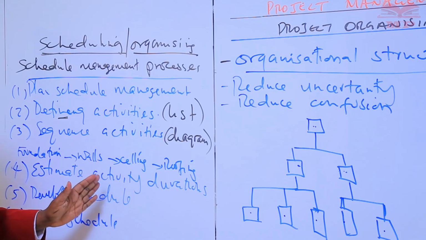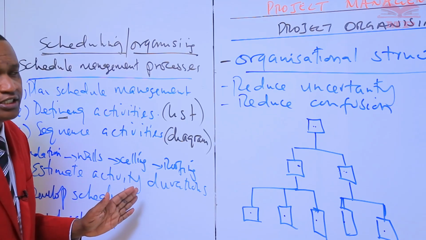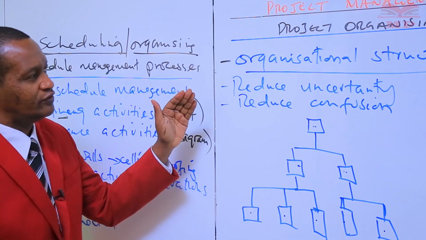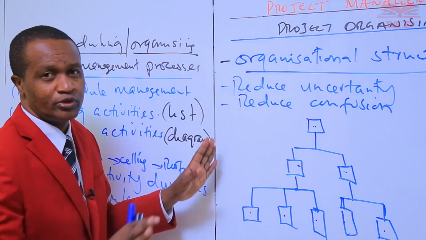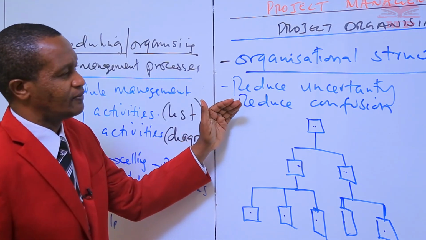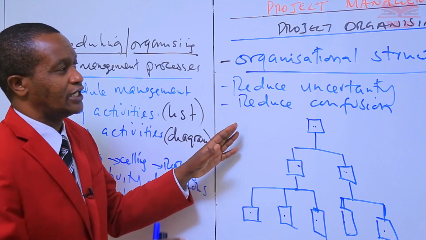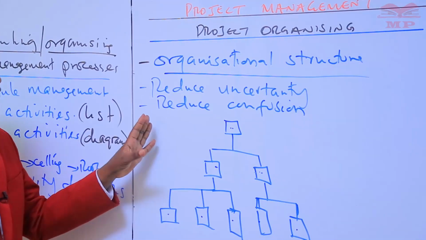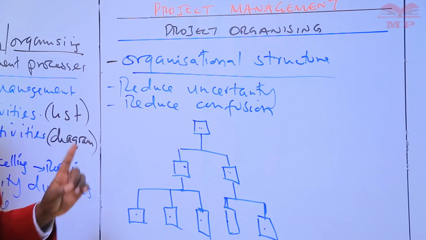So that is all we can say for now, candidates, in regard to project organizing. In this lesson, we've seen that in organizing a project it may be necessary to come up with an organizational structure. I laid out various benefits of having an organizational structure when carrying out projects.